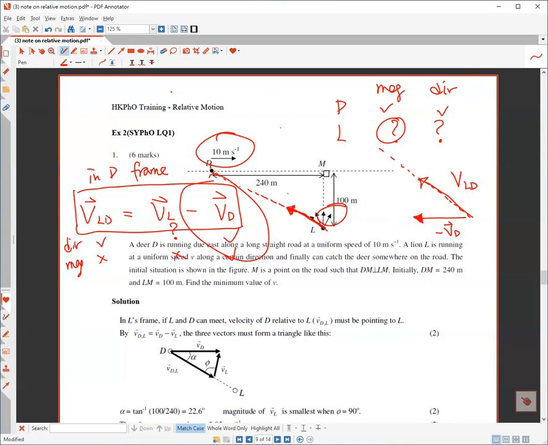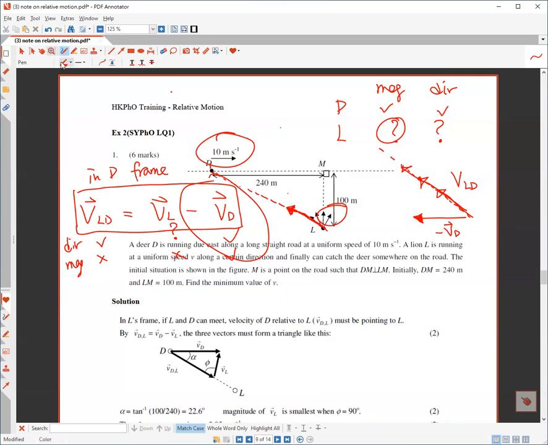Now, VLD may not be this vector. It can be longer, it can be shorter, because we don't know the magnitude. But we know that it must be along this direction. And then the VL can have different directions and magnitudes.